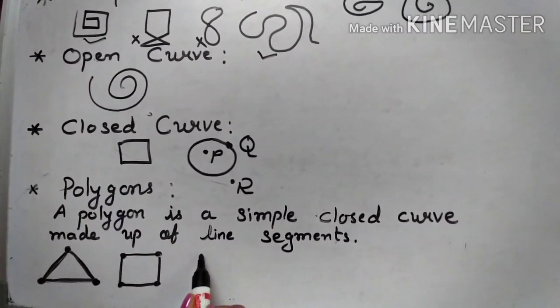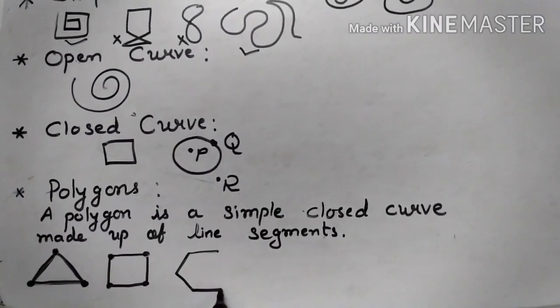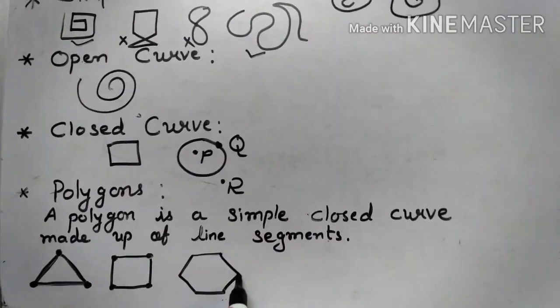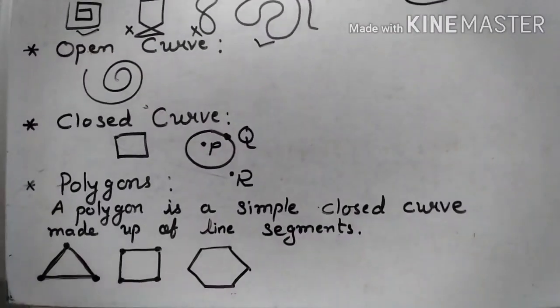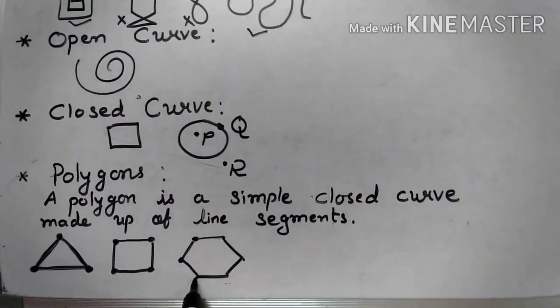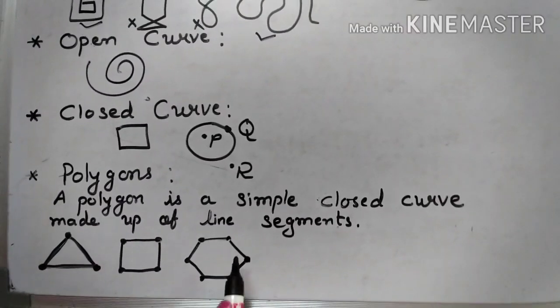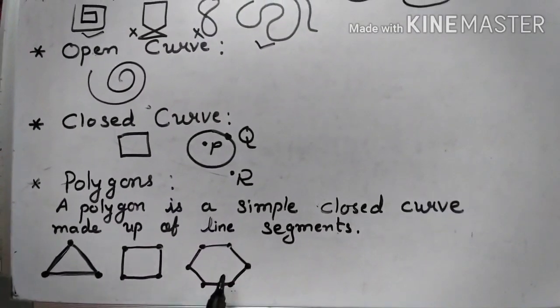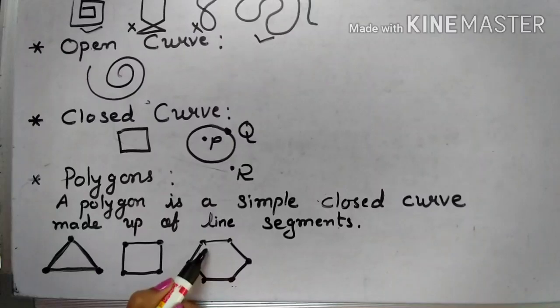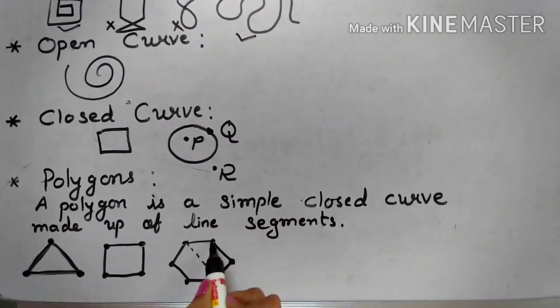Similarly, when a polygon has 5 line segments, how many vertices can you find in this figure? 1, 2, 3, 4, 5, 6. There are 6 vertices. If we join these vertices to the opposite side, it is called a diagonal.